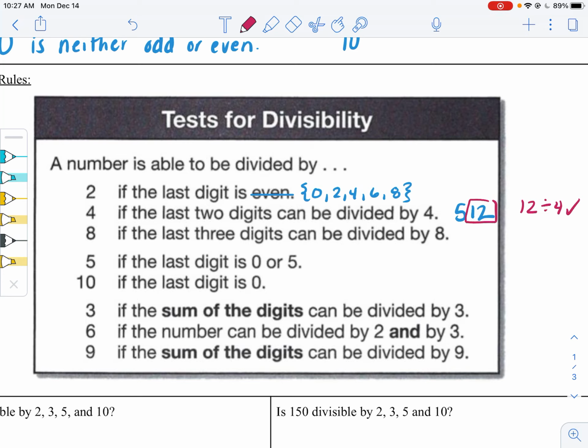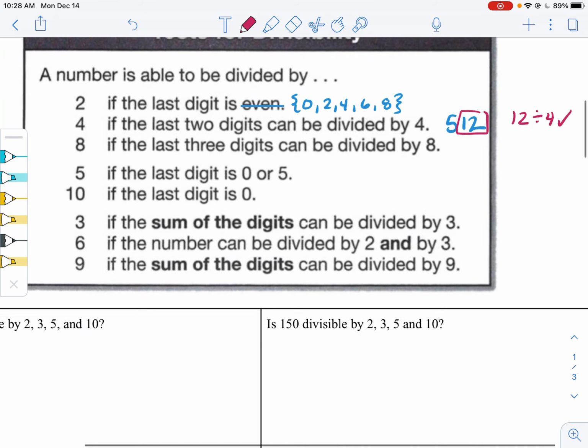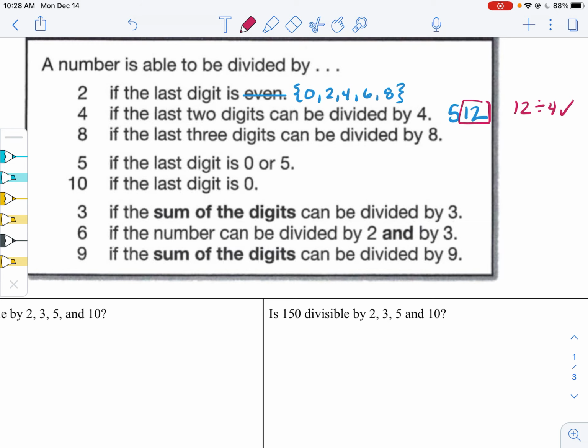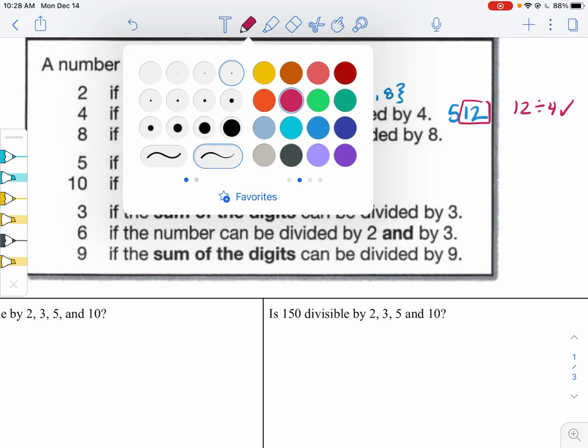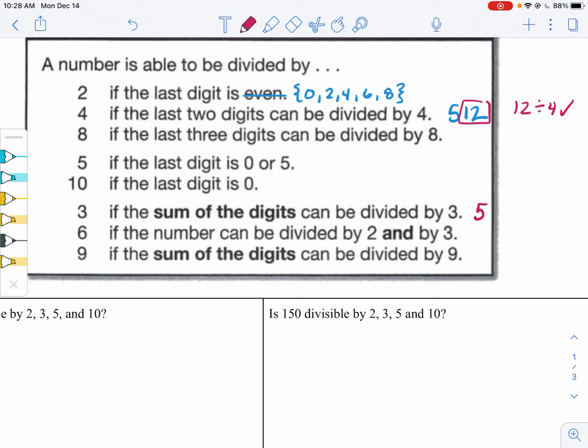5 and 10 are similar. 5 is if the last digit is 0 or 5, and 10 is if the last digit is just 0. So like 10, 20, 30, 40, 50. For 3, it's the sum of the digits. If you have the number 501, you add up the digits, so 5 plus 0 plus 1 is 6.